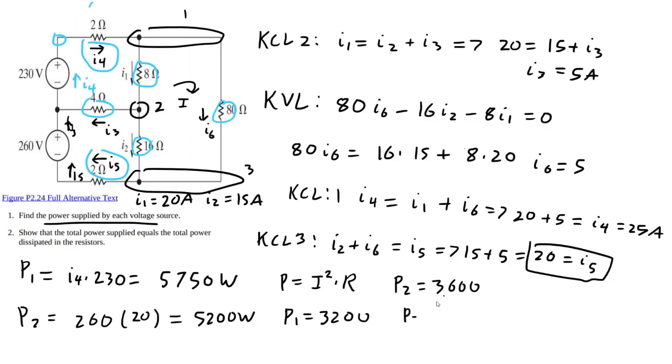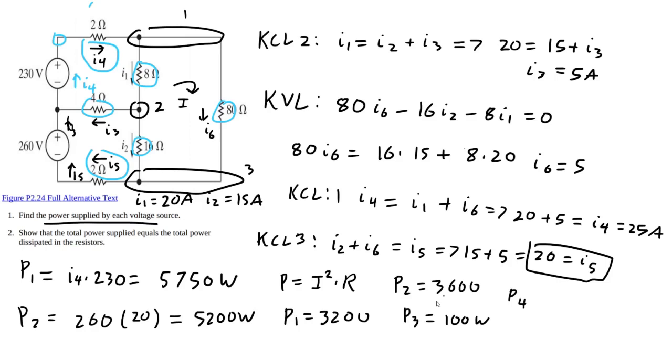Okay, so I3 is 5 amps, so 25 times 4 is 100 watts. And say we have, where is P4? Or I4?